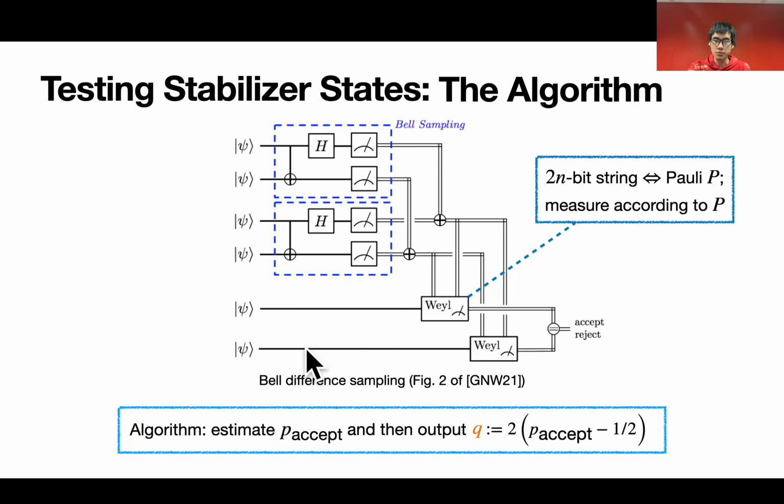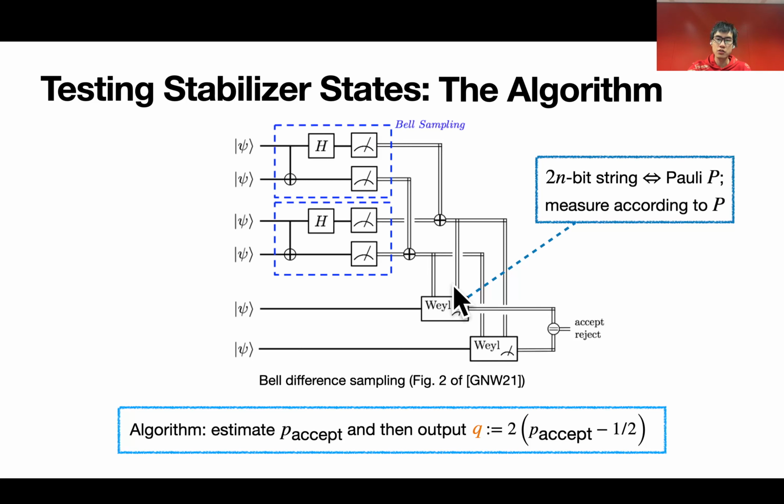Let's look into the Bell difference sampling a little bit. First, you take 2 copies of psi to do a Bell sampling. Then you take another 2 copies of psi to do another Bell sampling, and then you XOR the results of the two Bell samplings. That's why we call this Bell difference sampling.